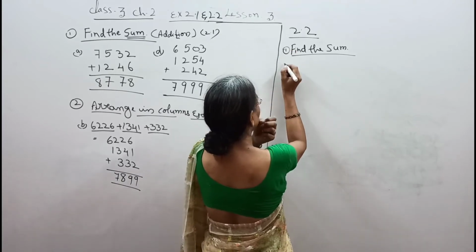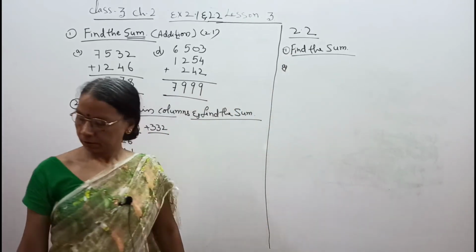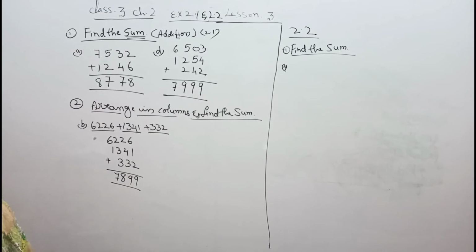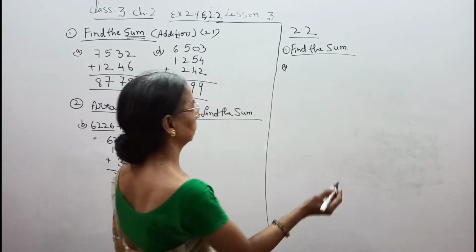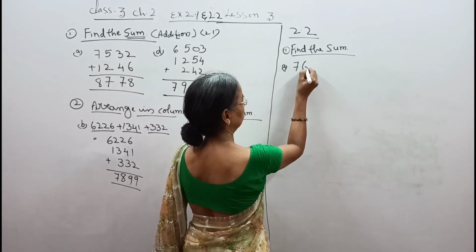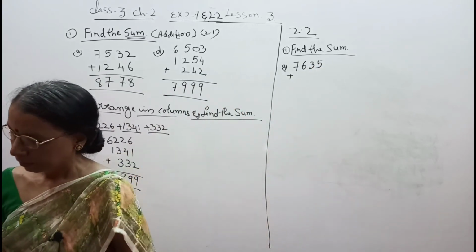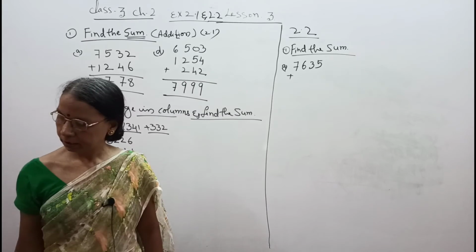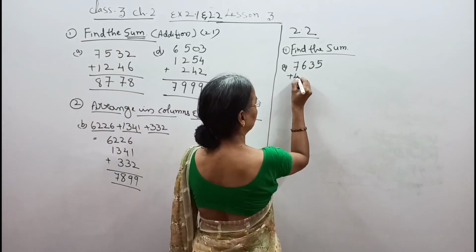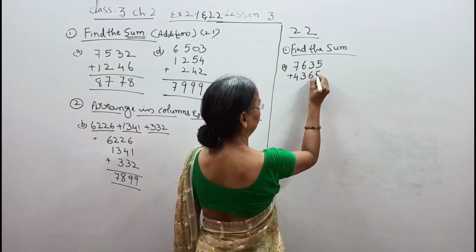First question. Here we have 7,635 plus 4,365.